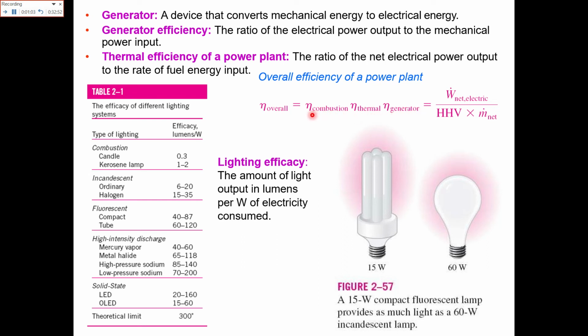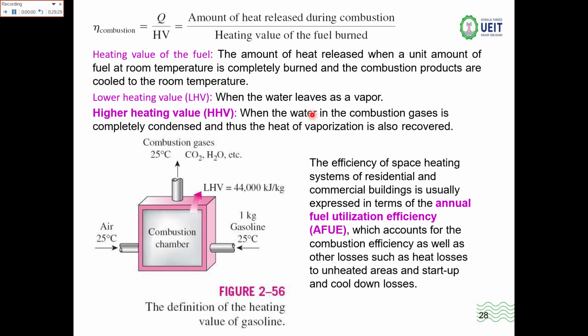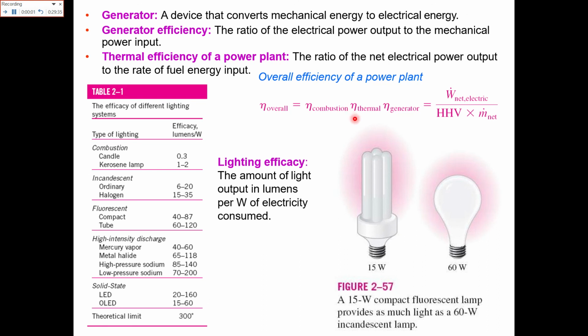Here the combustion efficiency is Q divided by HV, the amount of heat released over the heating value. Thermal efficiency is heat output over heat input, where the heat output is basically the work and the heat input is Q.